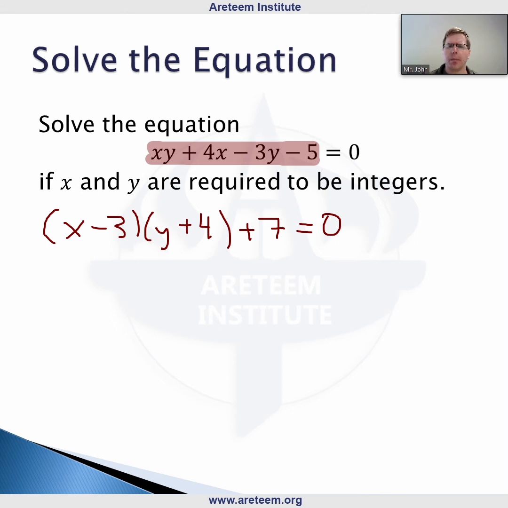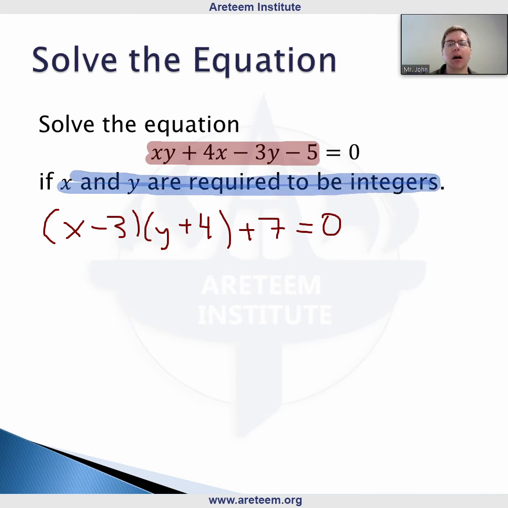Now, algebraically, we have 2 variables and 1 equation. It shouldn't be too hard to figure out. You could solve this for x in terms of y or y in terms of x. If I give you any x value, like if I tell you x is 2.3, you can find a y value that will work. And so the important thing here is that we know we have x and y that are required to be integers.